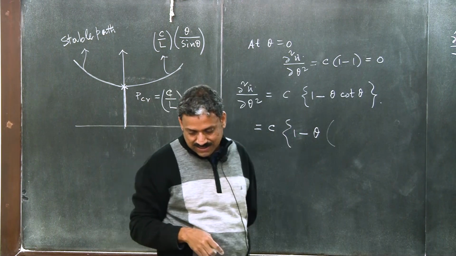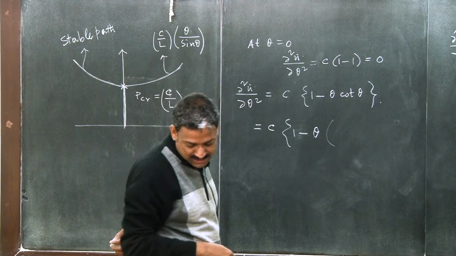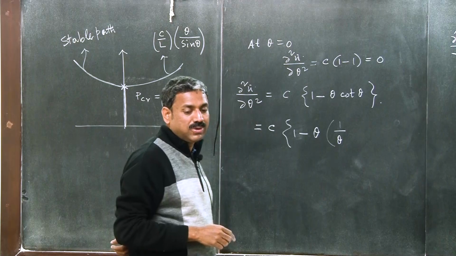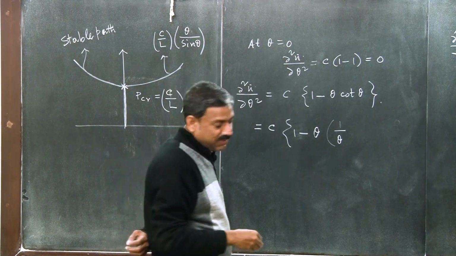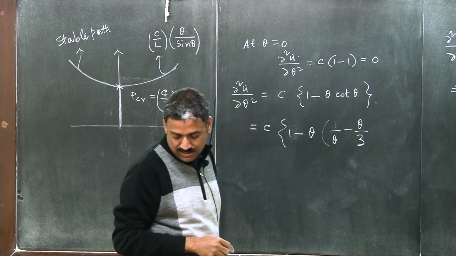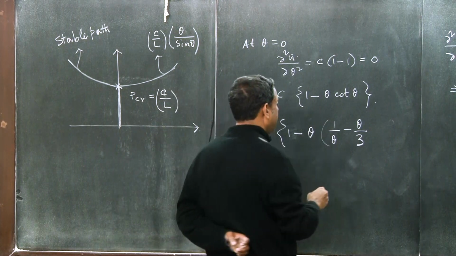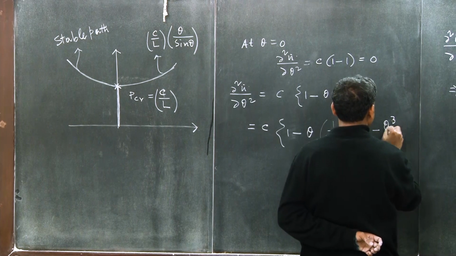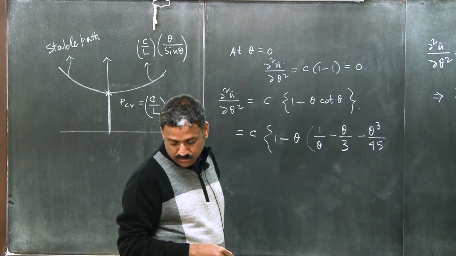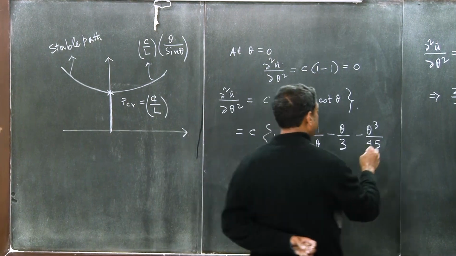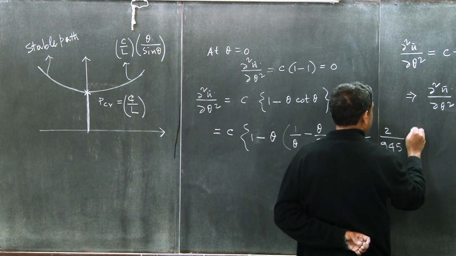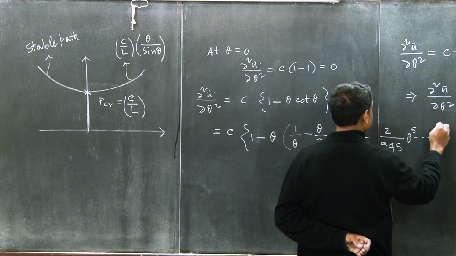The cot theta expansion is nothing but, you can do a Maclaurin series expansion, 1 by theta minus theta by 3 minus theta cube by 45 and higher terms if you want to include, minus 2 by 945 theta to the power fifth, and so on.